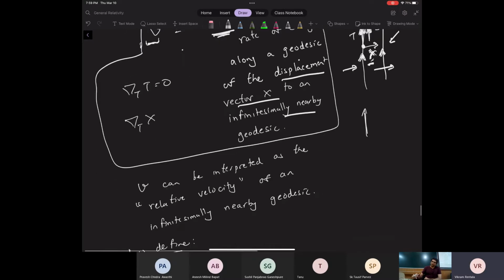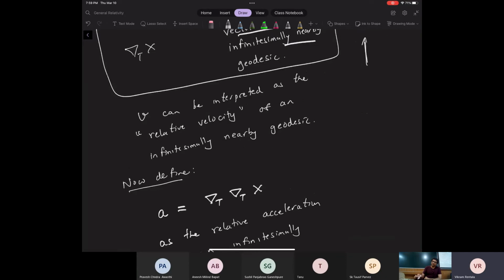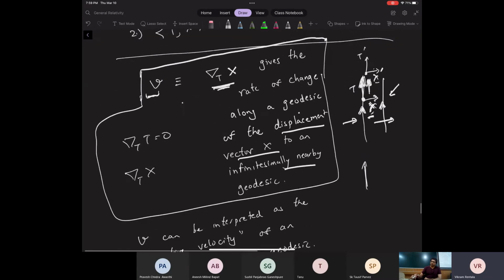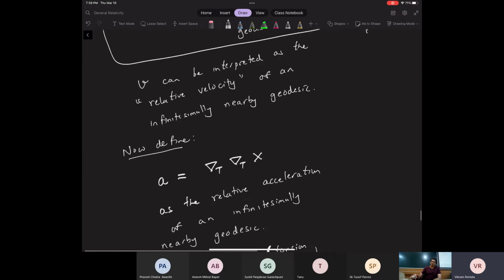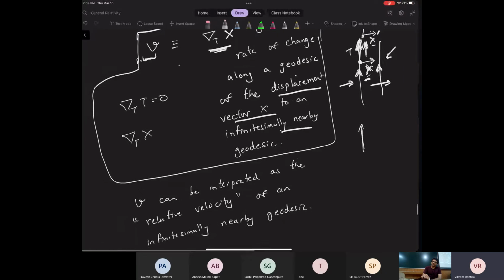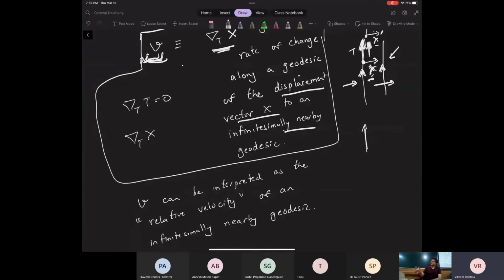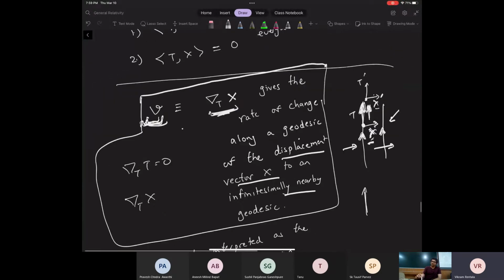Now, this v can be interpreted as a relative velocity. But I can now define a relative acceleration. This v itself is a vector, so this v defines a vector field. This del t of x is evaluated at some point p, and this is a vector. So there is some vector associated with the point p which parameterizes the change in x under parallel transport.